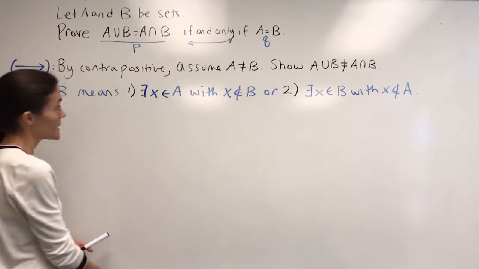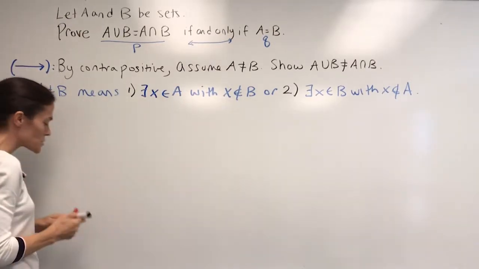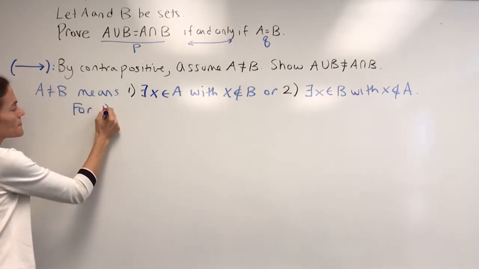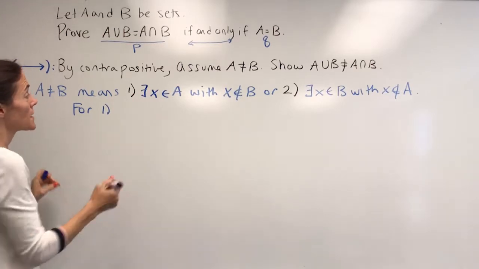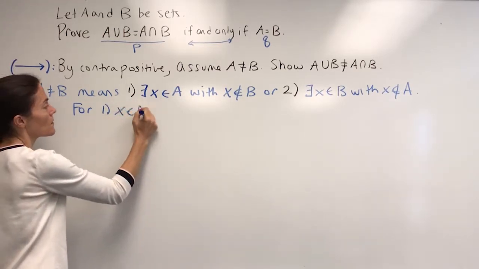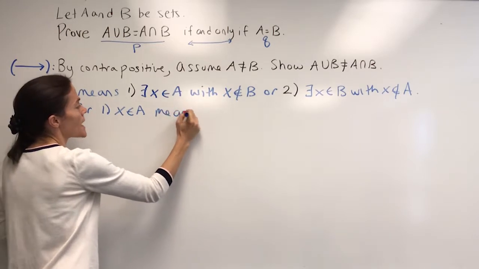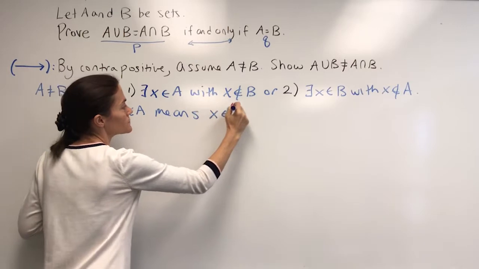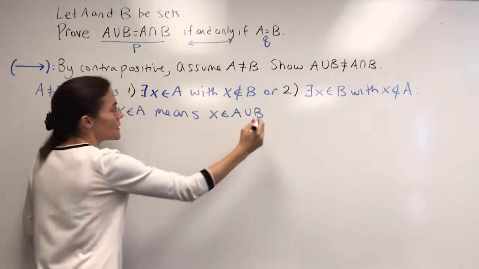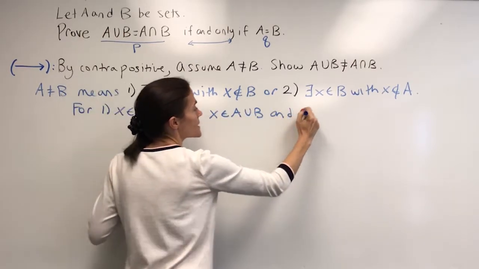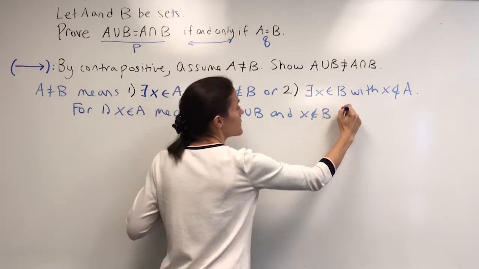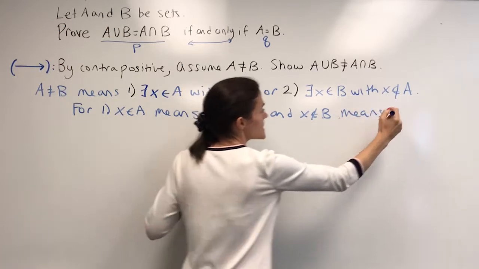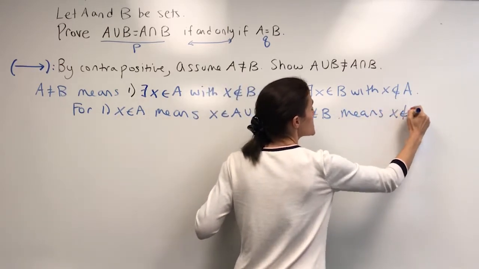But in any case, now for this first one, maybe I will keep with blue. There's an X in A that's not in B. Well, X in A means that X is in the union. And X not in B means that X is not in the intersection.